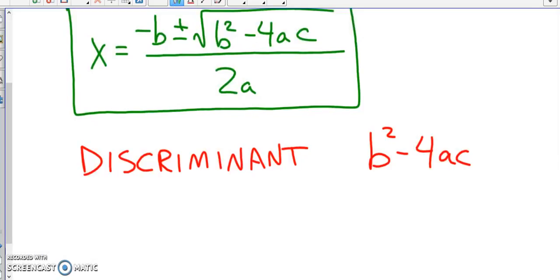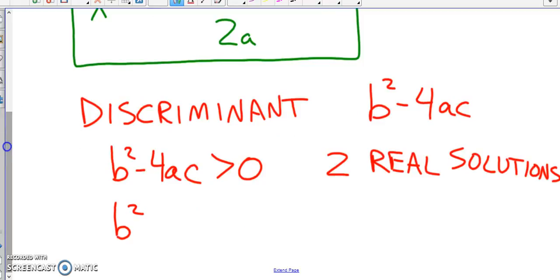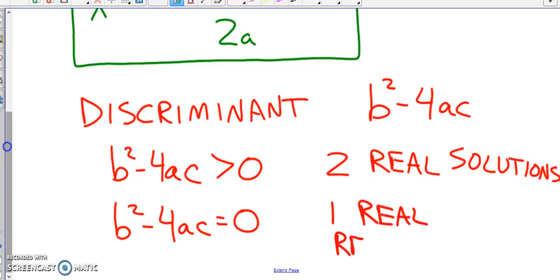And so, there are three cases. If b squared minus 4ac is positive, then you get two real solutions to your quadratic equation. If b squared minus 4ac is 0, you get one real repeated solution.